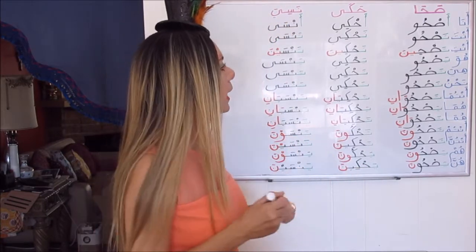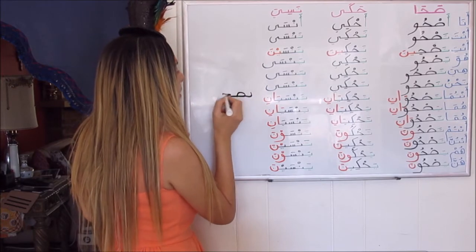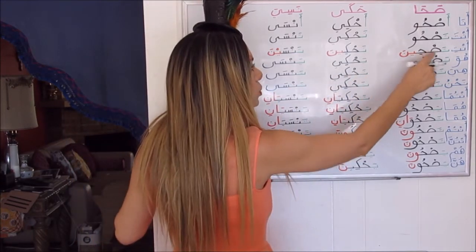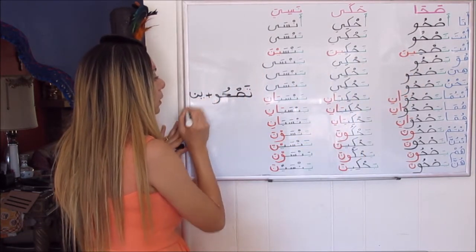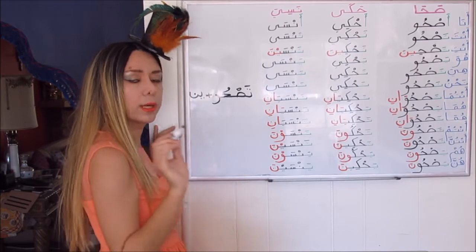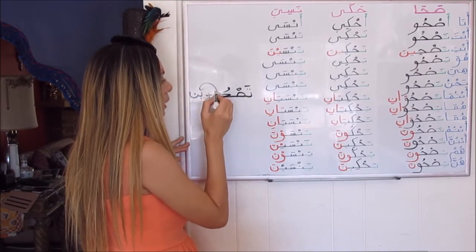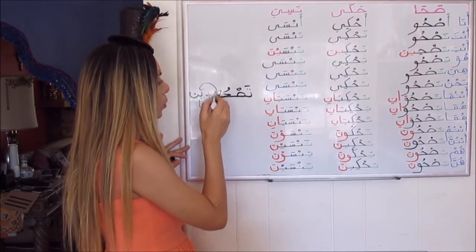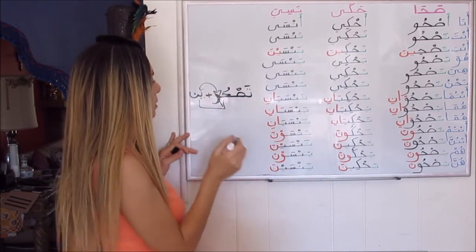So normally we have the stem تصحو plus ina. But since we have two consecutive long vowels here, which is not allowed in Arabic, the first one is gone. So the waw of the root disappears.